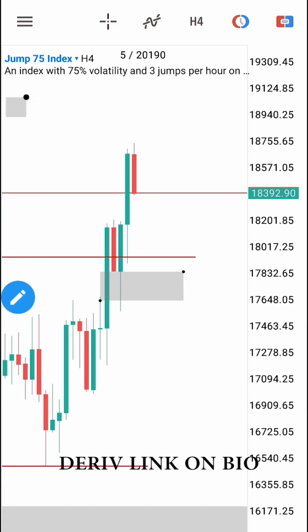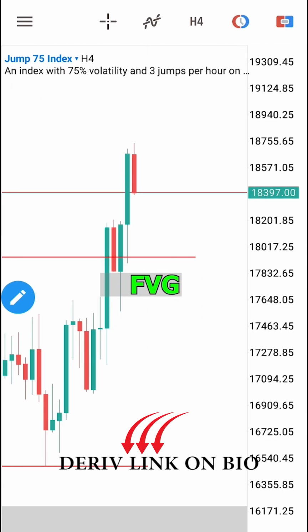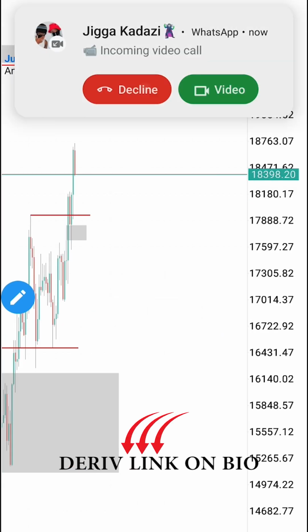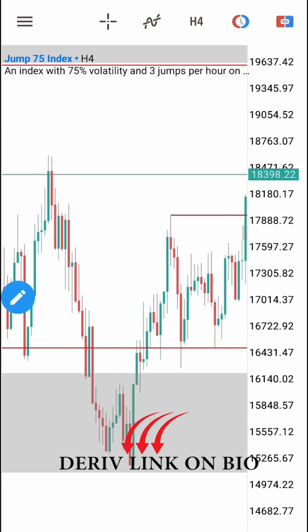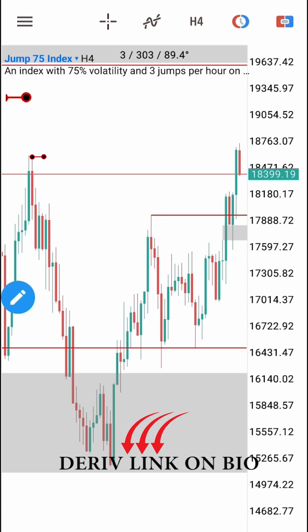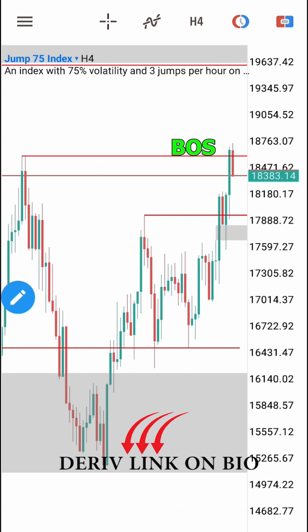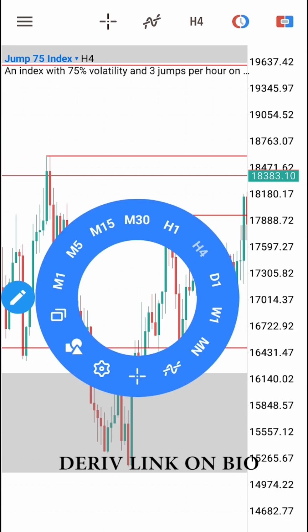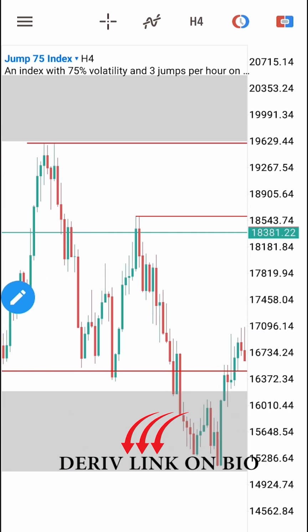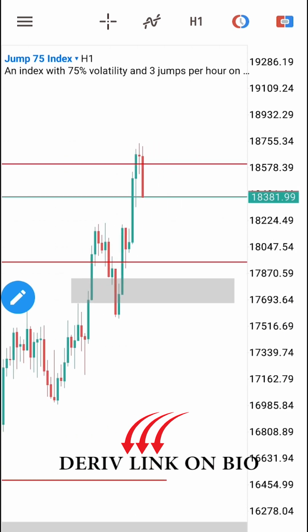So price broke the structure there and it formed that imbalance or the fair value gap, and it was filled immediately. And after it was filled, what price did is head for that high above there, and it also broke structure, which further confirms the buy. You get what I'm saying?